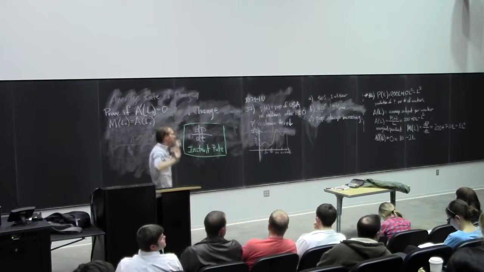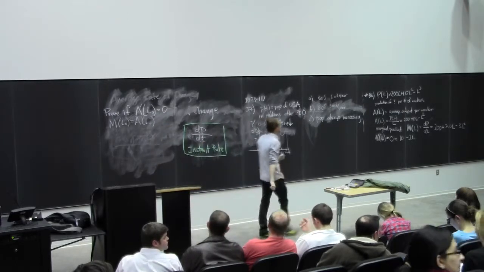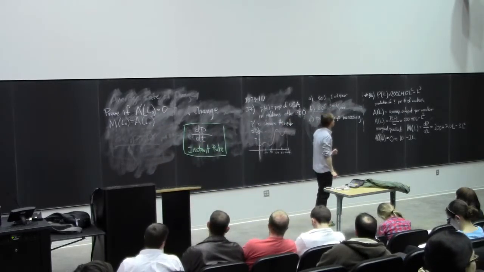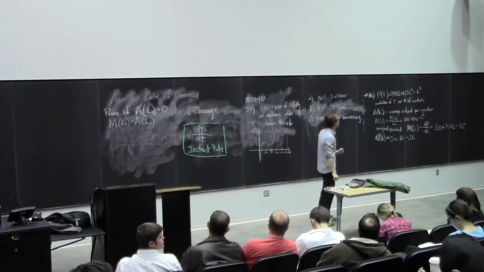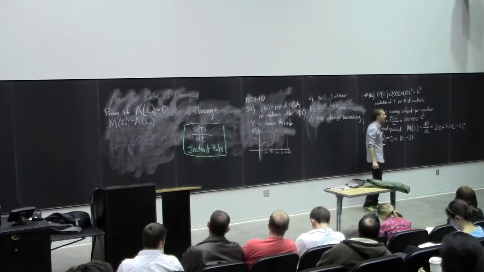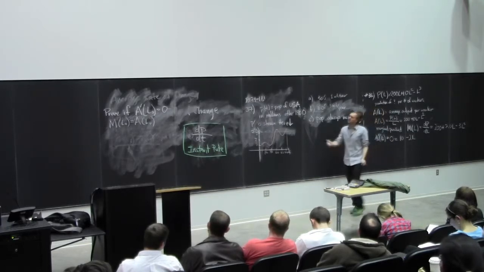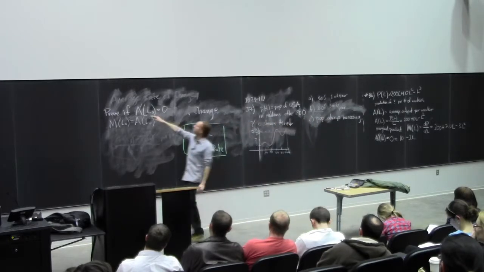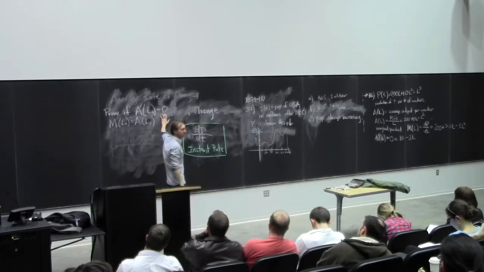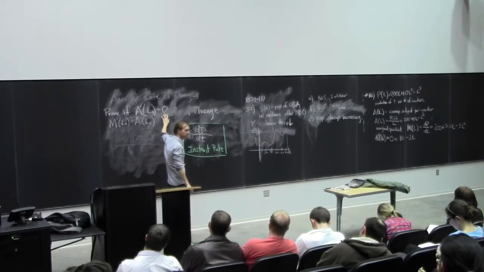We take the derivative of A of L, why do that? Why did I do this? Oh, I did it because they say, hey, prove if A prime of L naught equals 0. I was reading this part right here. That's why I did that. I'm sorry, it's my bad.